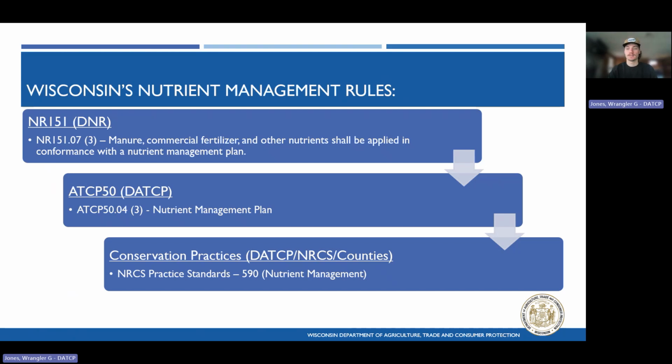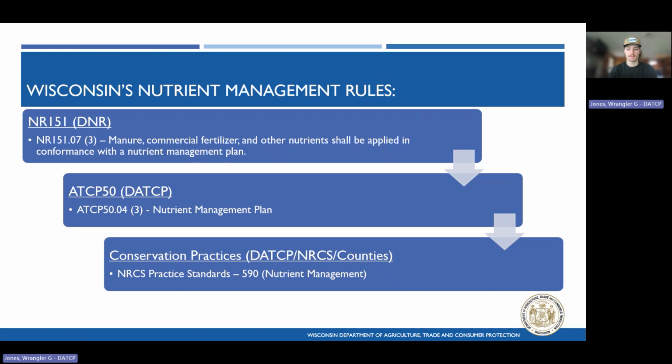So, like I said earlier, DNR sets our state statutes with the NR 151, and it's a state statute that sets the agriculture performance standards for the state. Then DATCP is charged with providing the guidance for meeting these statutes, which is why DATCP has developed ATCP 50, which is an administrative code that says in order to meet the nutrient management performance standards, we need to follow 590.